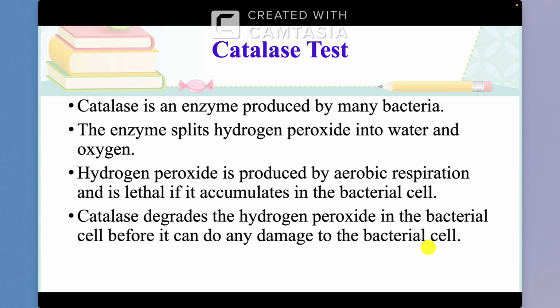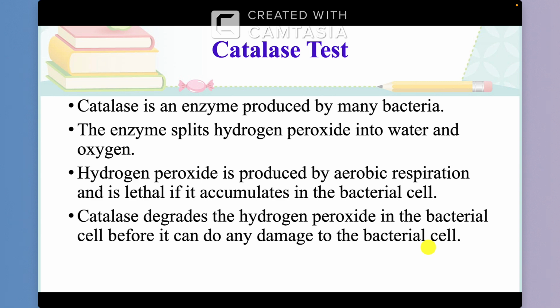So the enzyme splits the hydrogen peroxide into water and oxygen. Hydrogen peroxide is produced by aerobic respiration, and it is lethal for bacteria if it accumulates in the bacterial cell. So catalase breaks down the hydrogen peroxide in the bacterial cell before it can do any damage.